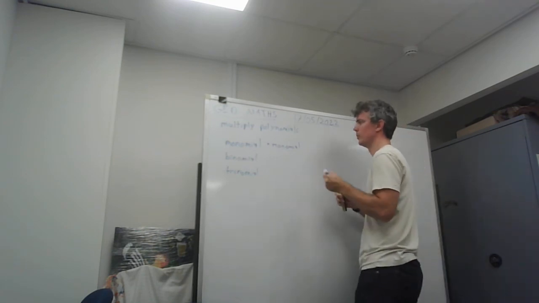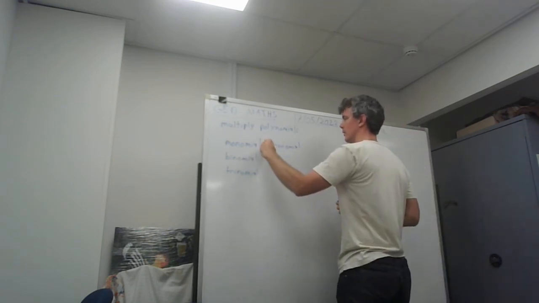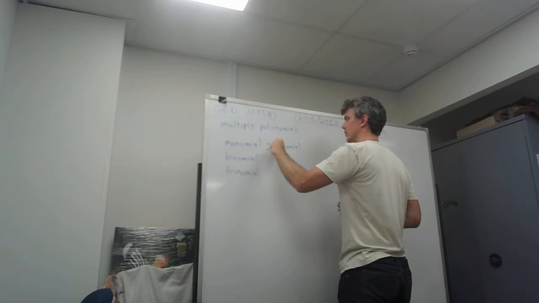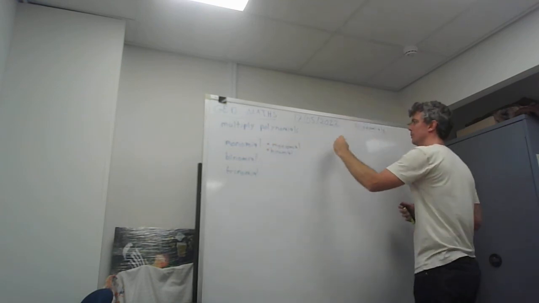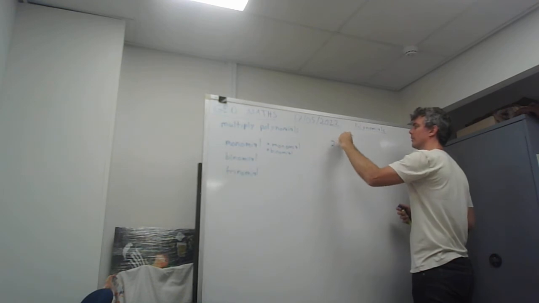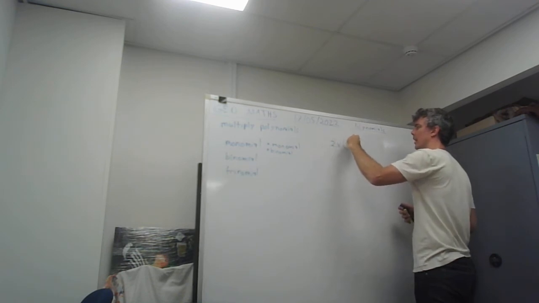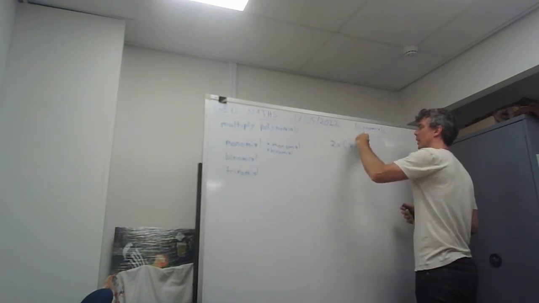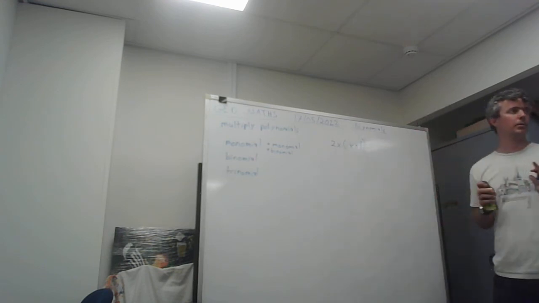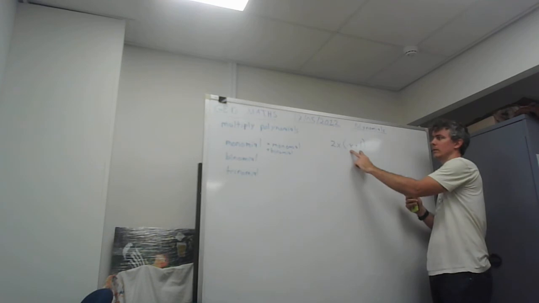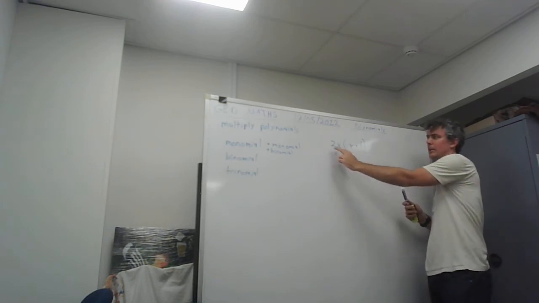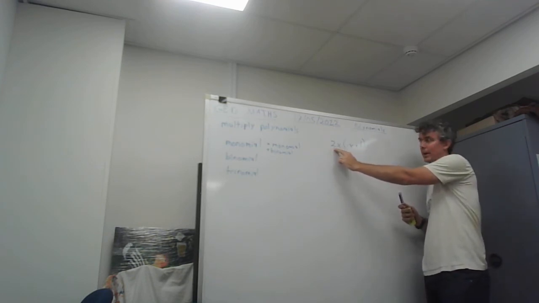So there's a monomial times a binomial. Example would be 2x times x plus 1. That's a very simple version. Okay? So here's our binomial, this one. So it has two terms. And here's our monomial, outside.